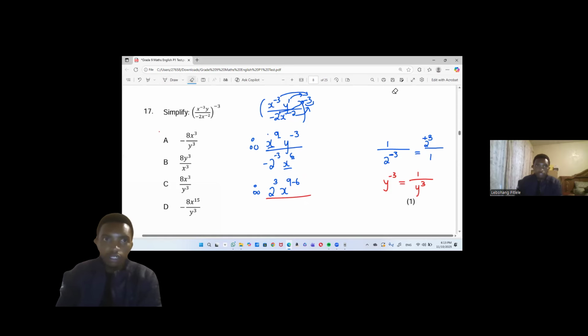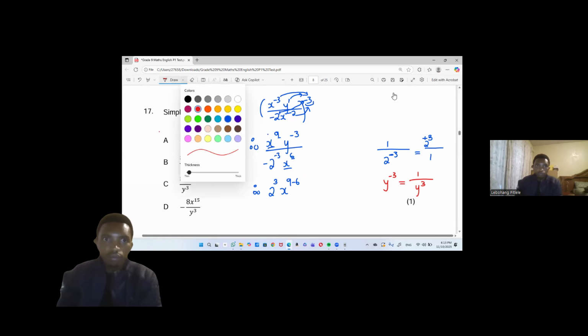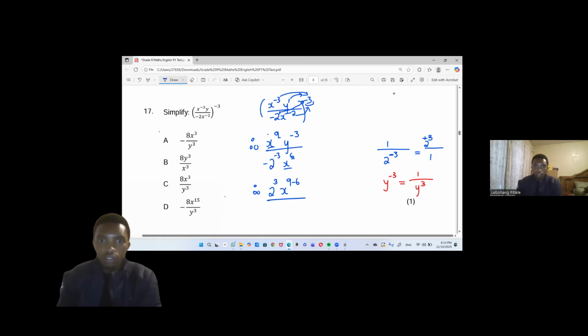In fact, let me use a different color. We've been using blue, so let's write it here. And then remember, we still had that negative. So the negative will always be there. So 2 with an exponent of 3 is how much? Let's simplify now. 2 exponent of 3 is 8.